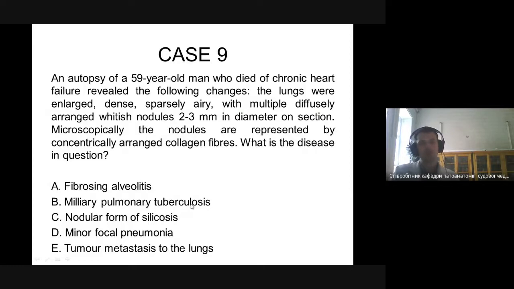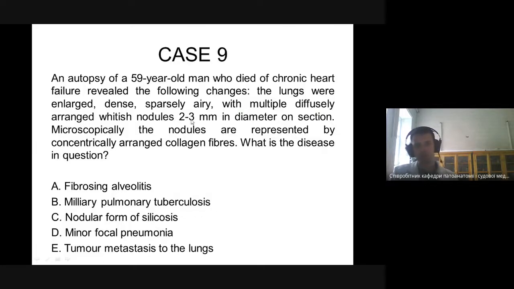Miliary pulmonary tuberculosis could be revealed in a person with granulomas. They haven't mentioned any granulomas. They have mentioned just the outcome of granulomatous or sterile inflammation. Minor focal, so I would say bronchopneumonia.